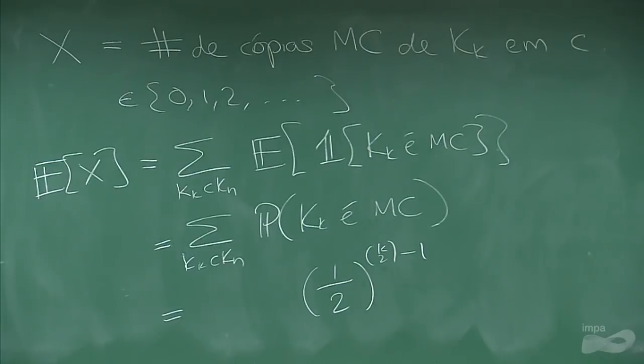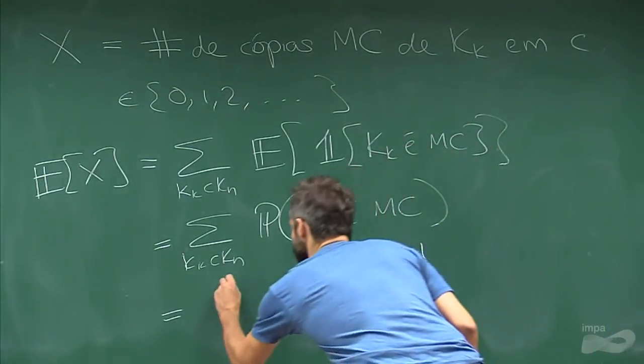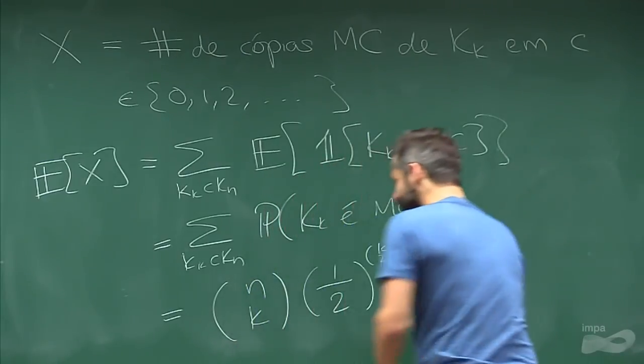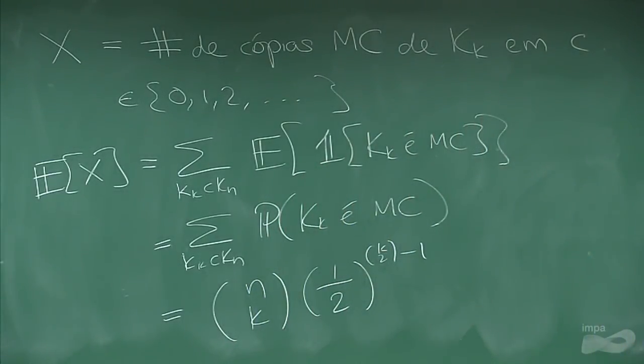So there are just these edges, each one probability half, and nothing to do with each other. And how many copies of K_k do we have in K_n? n choose k. So now we've calculated this expectation exactly. We had no idea how to deal with the probability, but the expectation we can say exactly what it is.